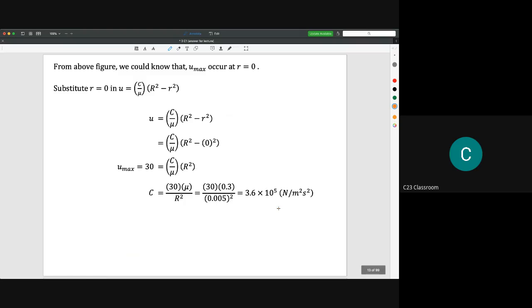Okay, so first, in this equation, the c here is the constant, so we need to calculate what the constant is. This equation is something like an equation of a line. I think you already know that we have x and y here.